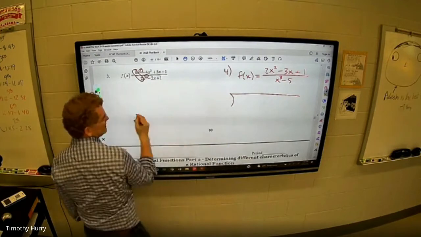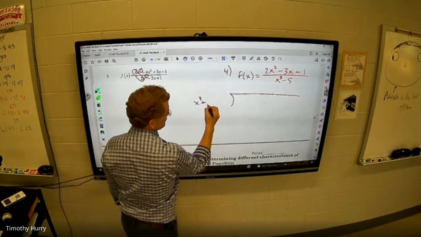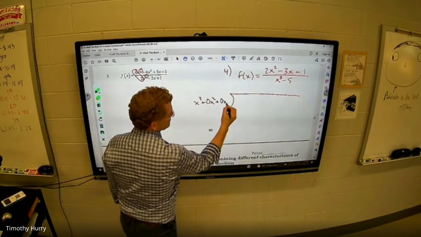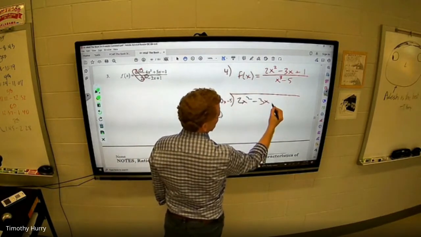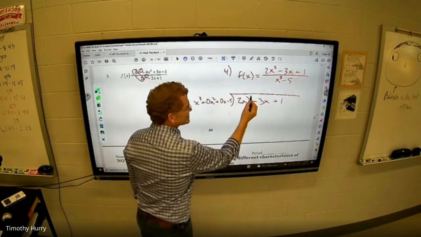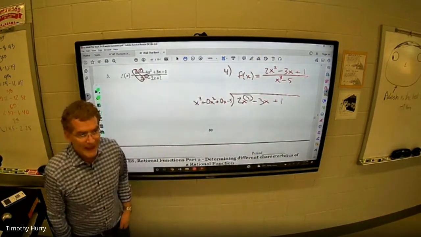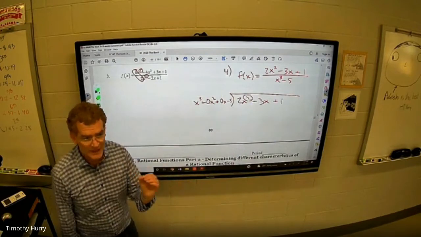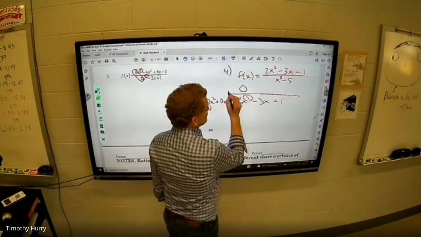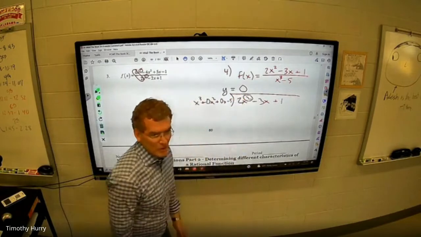What happens here when I try to divide? That's smaller, isn't it? I can't. So how many times does it go in? None. Set it equal to 0. Set it equal to y.